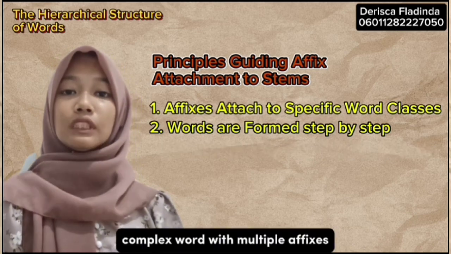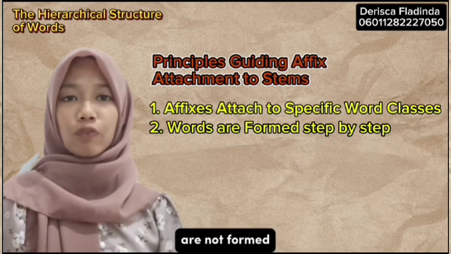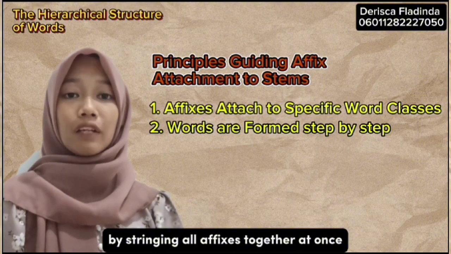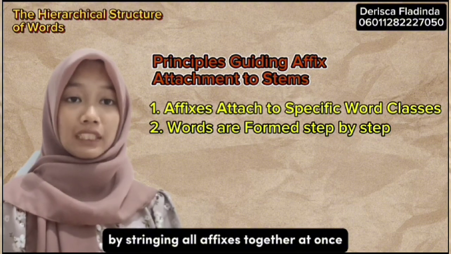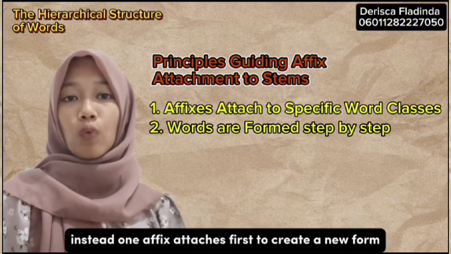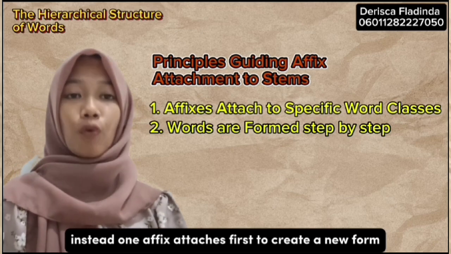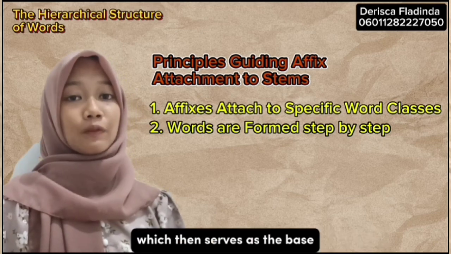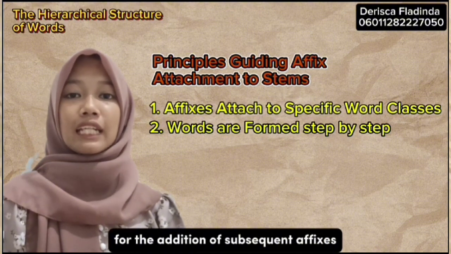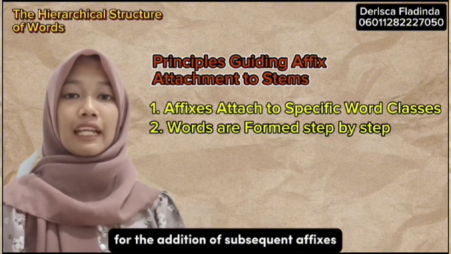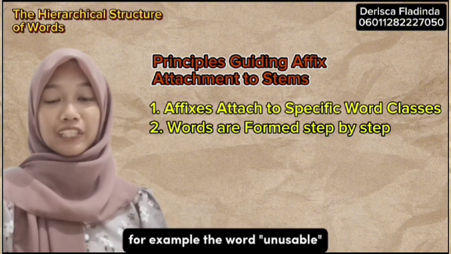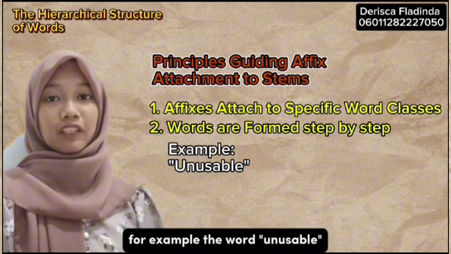Complex words with multiple affixes are not formed by stringing all affixes together at once. Instead, one affix attaches first to create a new form, which then serves as the base for the addition of subsequent affixes. For example, the word unusable.